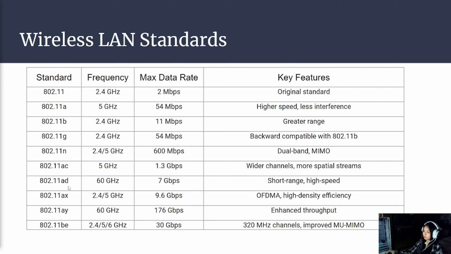Next is 802.11ad: 60 GHz, 7 Gbps, short range, high speed. 802.11ax: 2.4 and 5 GHz, max data rate is 9.6 Gbps, high density efficiency. 802.11ay: 60 GHz, 176 Gbps. Its key feature is enhanced throughput. And lastly, the 802.11be, or the Wi-Fi 7 that was mentioned earlier.